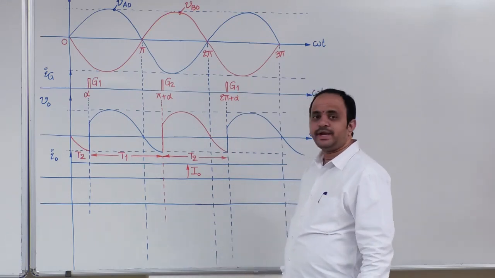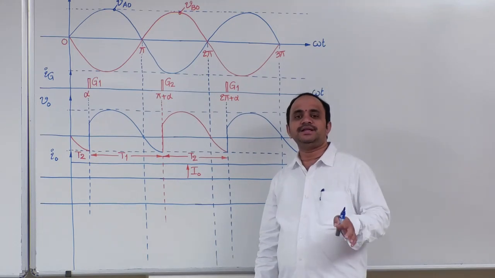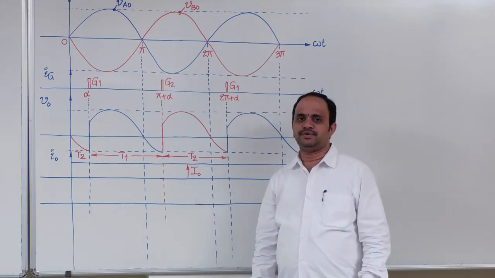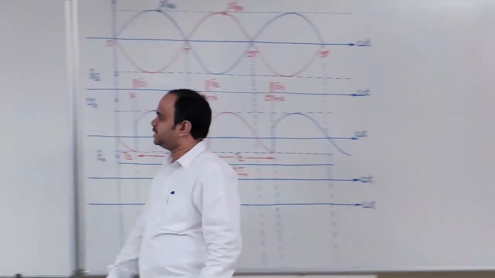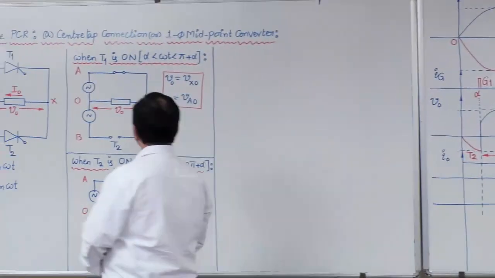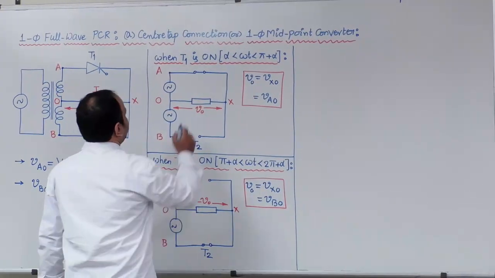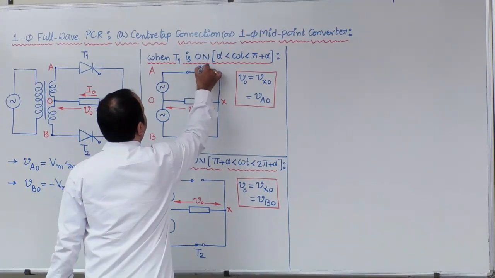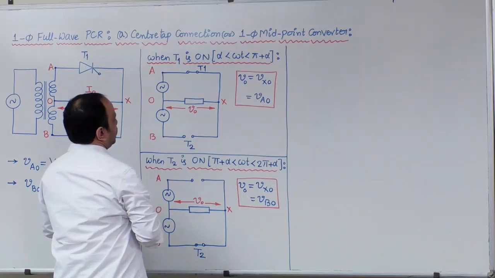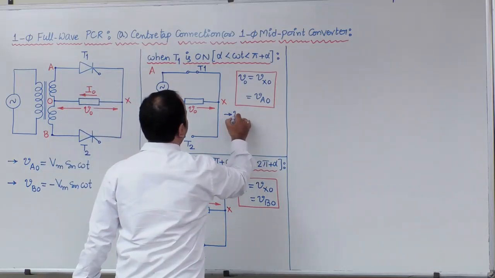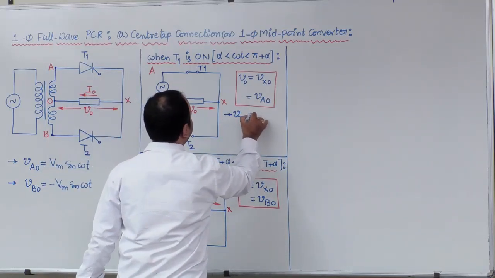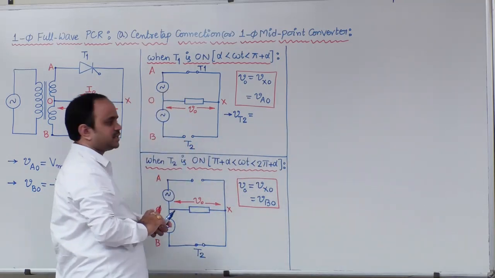Now here we need to justify the line commutation process. Follow carefully. Just look into this equivalent circuit diagram. When T1 is on, what is voltage across T2?